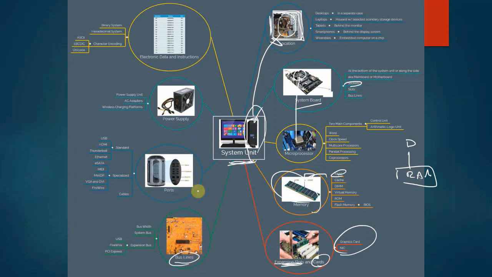We use our peripherals, such as our mouse and input device, by connecting to ports. The whole system unit is powered on through a power supply, which takes AC power and converts it into direct current, which the PC can use.